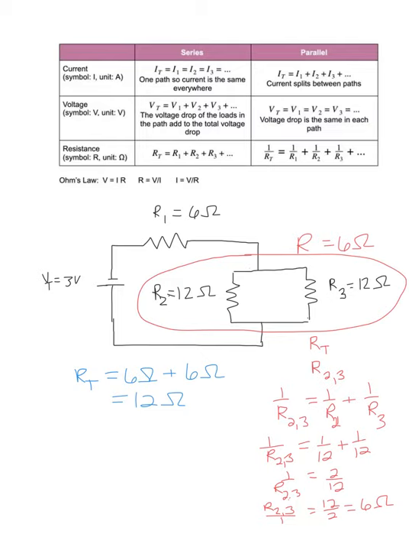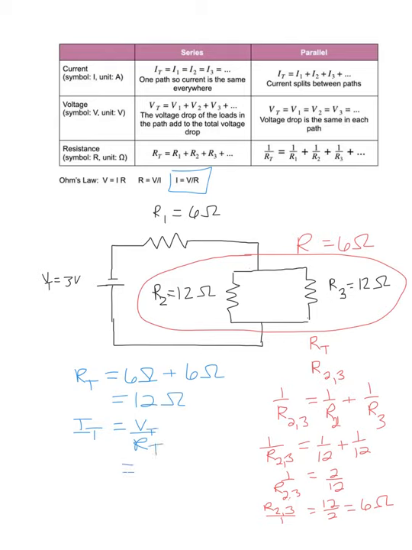We also want to be able to calculate the current in this circuit. We don't know it right off the bat, but we can figure it out because we know voltage and we know resistance, so we can find the total current. I'm just going to take Ohm's law, and I'll use this version of it where current is equal to voltage over resistance, and we'll make sure we use the total.